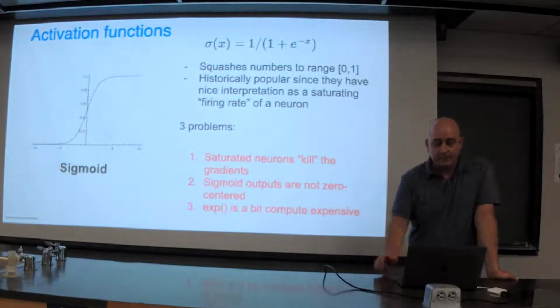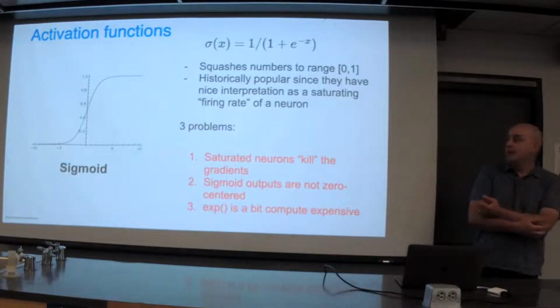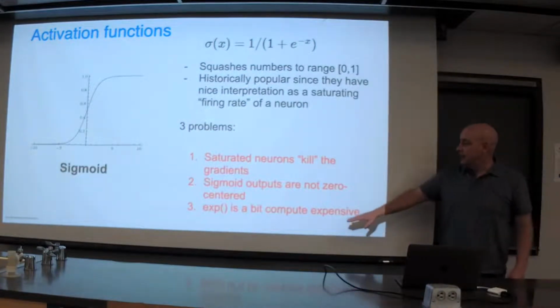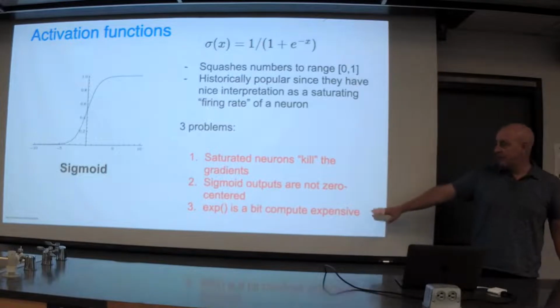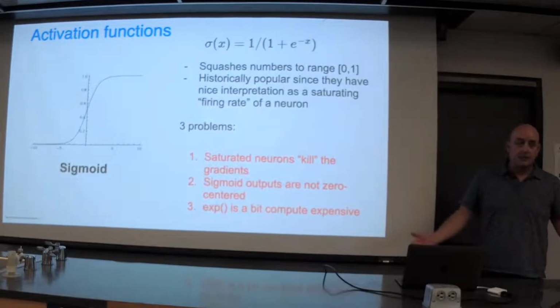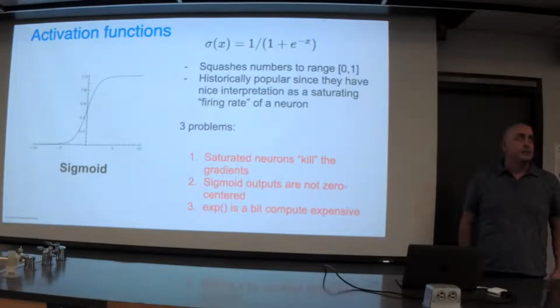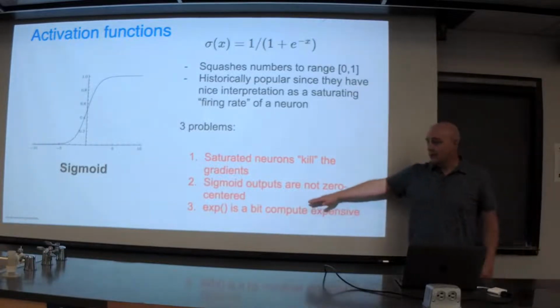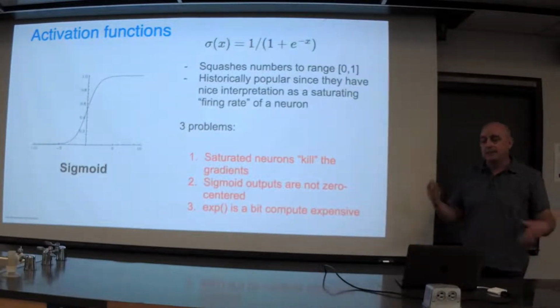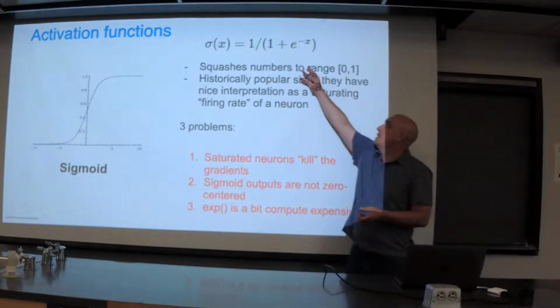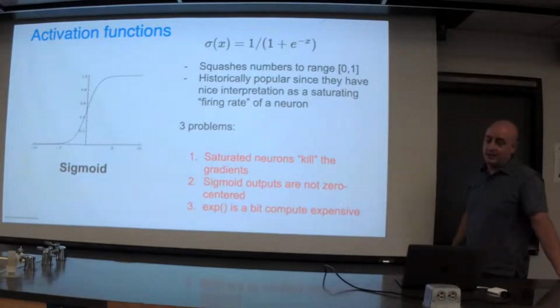Okay, there's one more we haven't talked about. Maybe not very obvious, but this exponential can be expensive to compute. Maybe it doesn't matter for small networks or small data sets, but I think this can matter for larger data sets. How do you implement it?